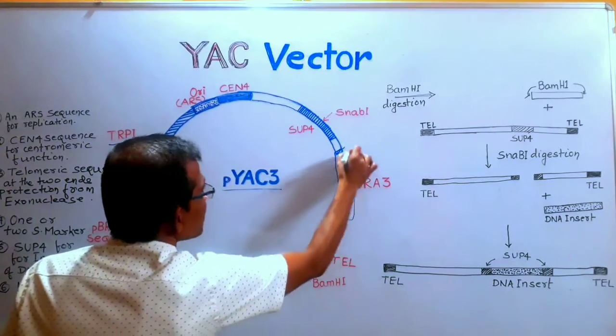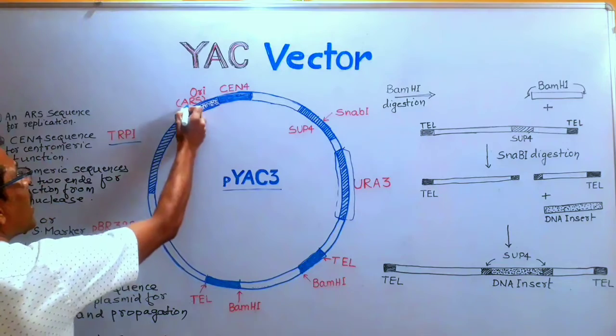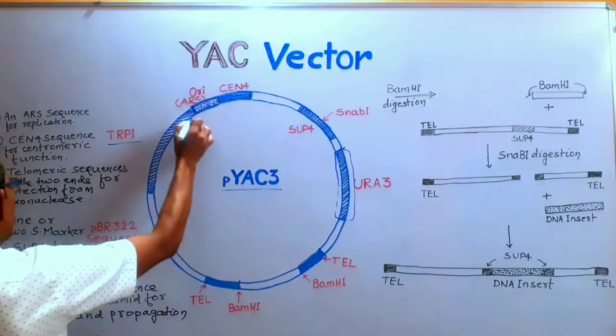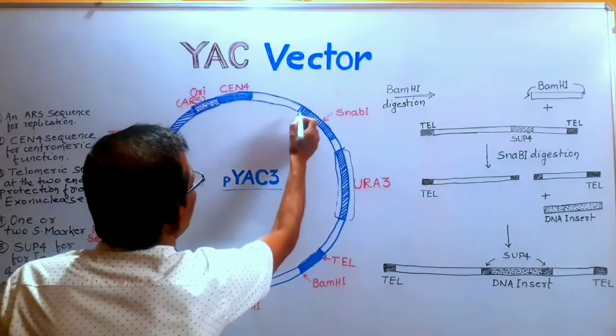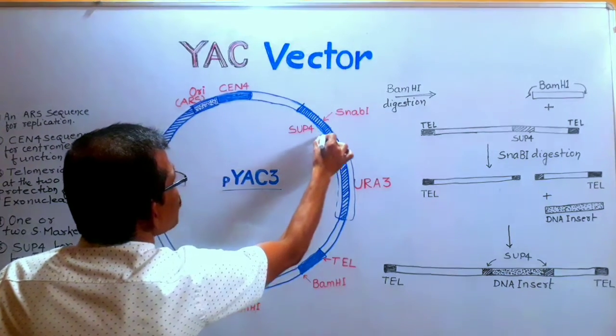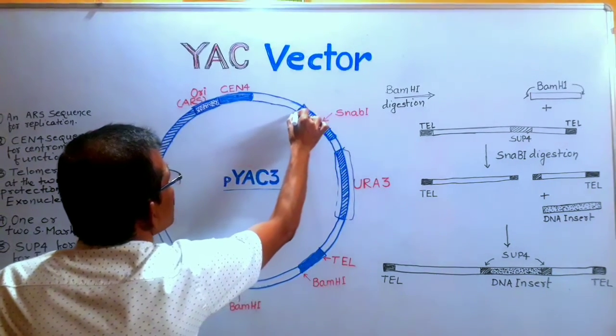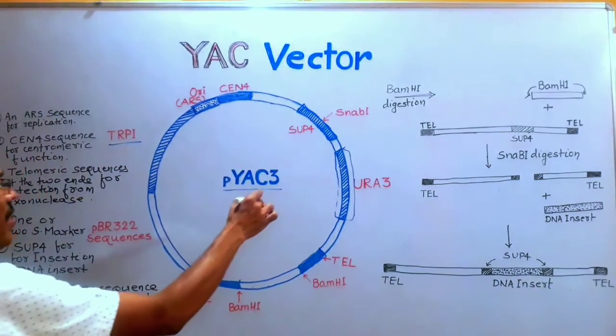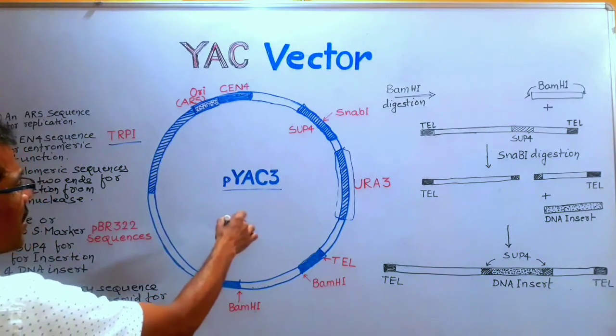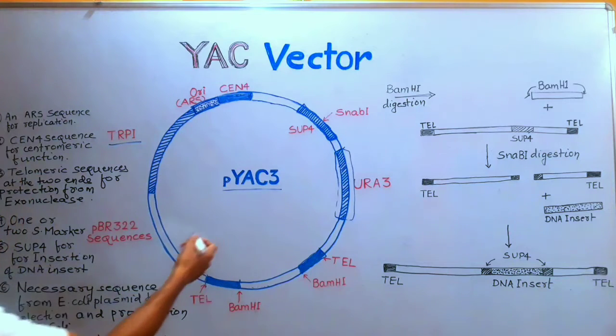This yeast artificial chromosome also contains another selectable marker, that is SUP4. This SUP4 is another selectable marker that is present in this yeast artificial chromosome.